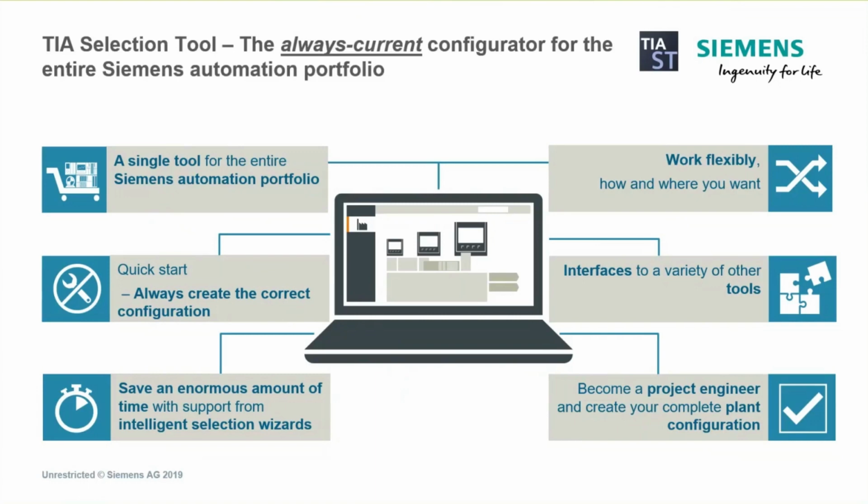And then basically with all these tools, you can become the project engineer for your whole plant configuration. So you have the tools here to create everything that you need to, from an automation to control to power supply to switch, basically your whole entire factory configuration from one software. So you are that plant engineer.